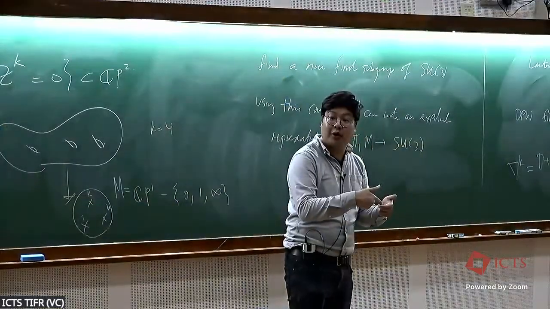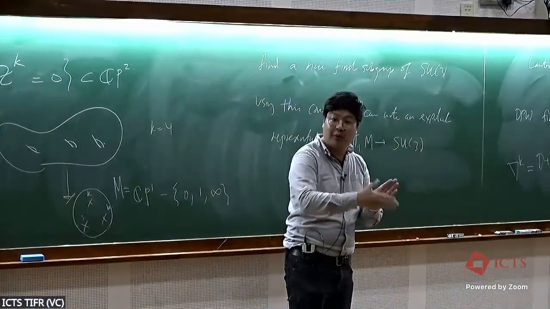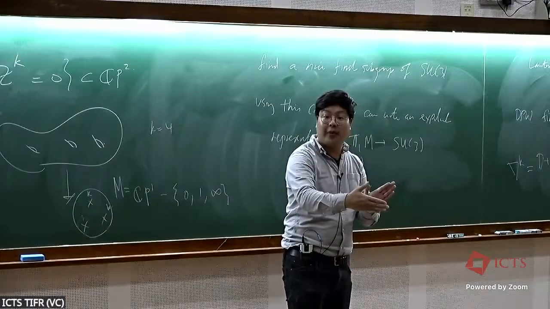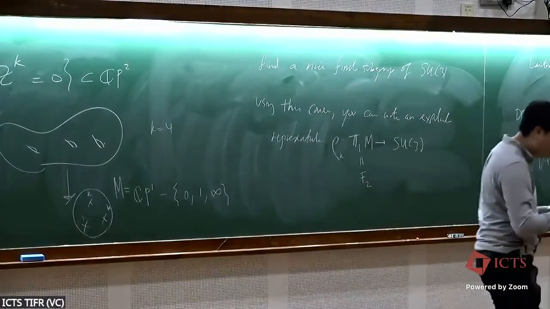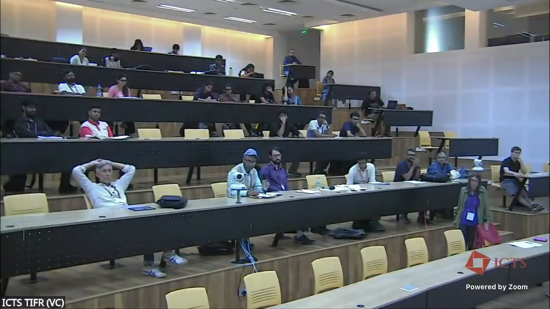Yes, that's a good question. We use this model for all K, but since it's an implicit function argument, as Franz clarified, 1 over K is the parameter we use. An implicit function argument only guarantees it for small enough epsilon, but in principle the proof of the implicit function theorem is somewhat explicit. You could trace through the analysis to try to get as sharp a bound as possible.